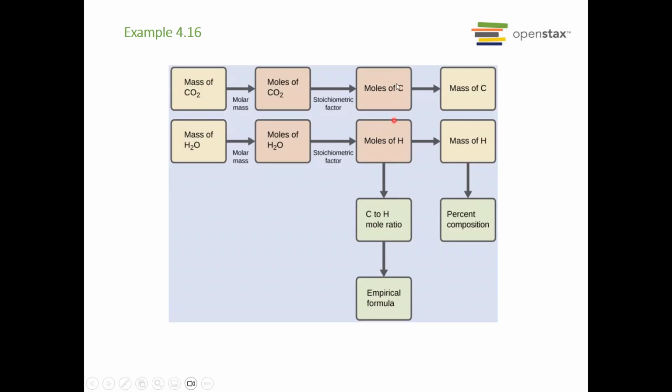So then based on the moles we have there, we can get the mass. So we can get the percent composition from that piece. Or if we just stop with the moles here, we can get the mole-to-mole ratio, which will give us the empirical formula. So depending on exactly what we're looking for, with this type of analysis, we could get percent composition, or we could get the empirical formula.